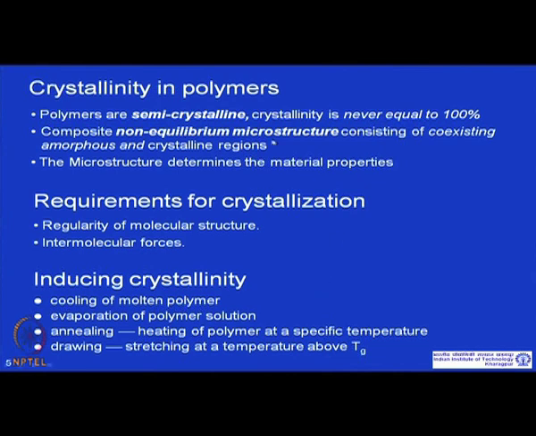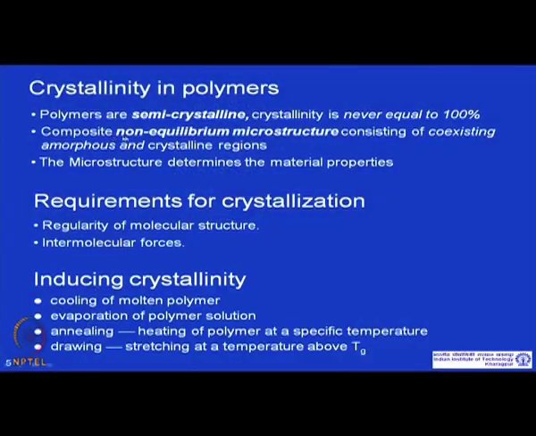Before coming to the melting point discussion, let us just recap the crystallinity in polymers, which we discussed at length in the last lecture. Crystallinity in polymers, as we discussed many times in this course, polymers are hardly crystallized up to 100%. In most cases the crystallinity varies from 0 to 100% in a polymer. So, polymers are generally semi crystalline in nature, and you have a non equilibrium microstructure with coexisting amorphous and crystalline regions.